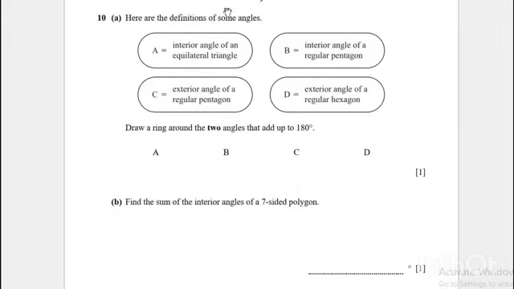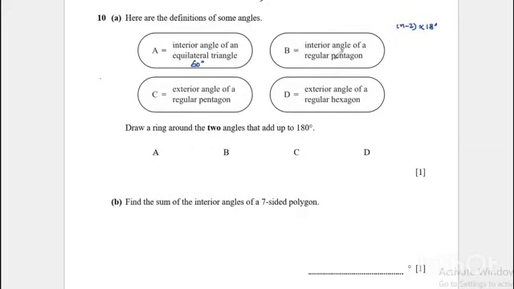Next, question number 10. In question number 10, we will talk about angles, and remember our definitions of some angles. The interior angle of an equilateral triangle: we know each angle of an equilateral triangle is 60 degrees. Then the interior angle of a regular pentagon. Remember, this rule will help you: the sum of interior angles of any polygon is n minus 2 multiplied by 180.